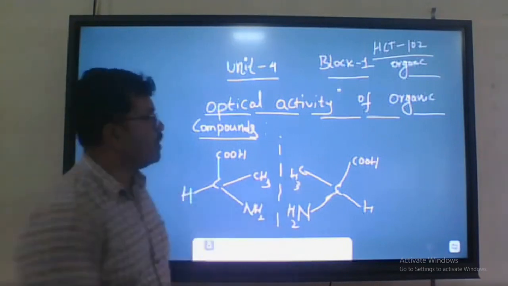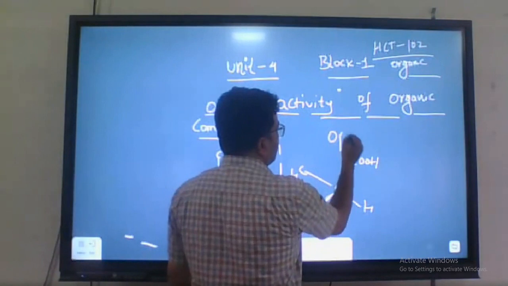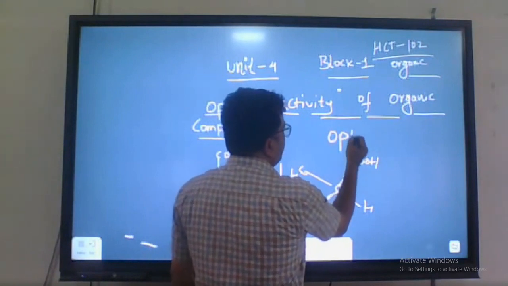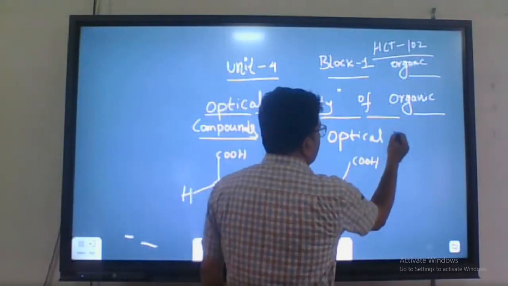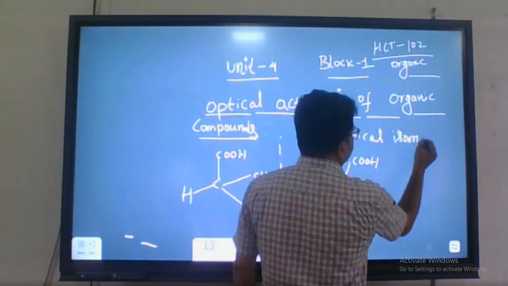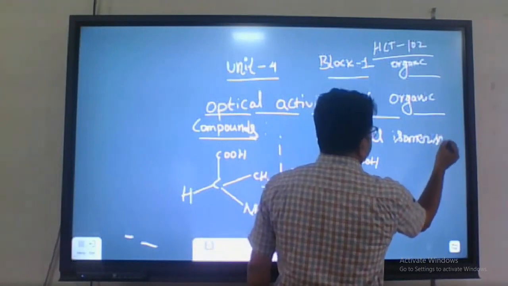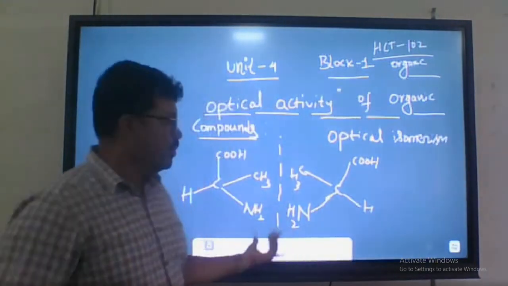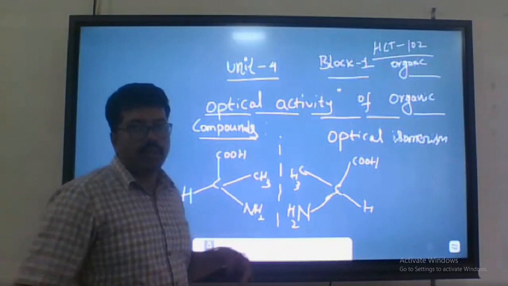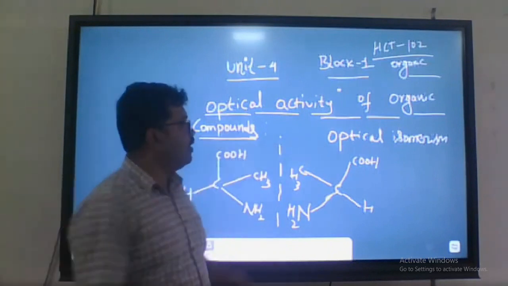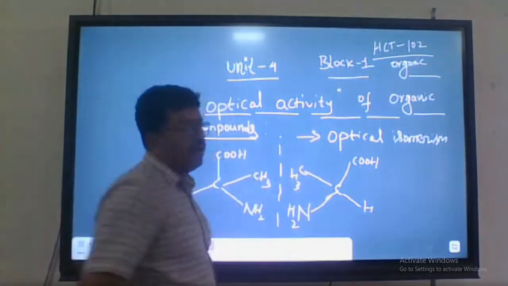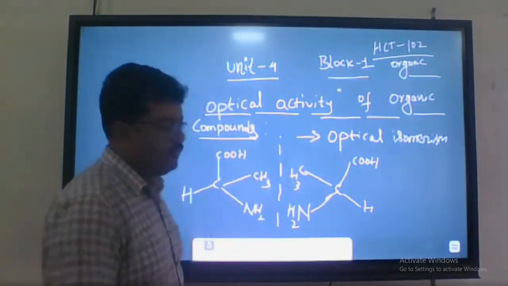This is called optical isomerism. This is the definition of optical isomerism. The mirror image is not superimposable, and the compound is chiral.